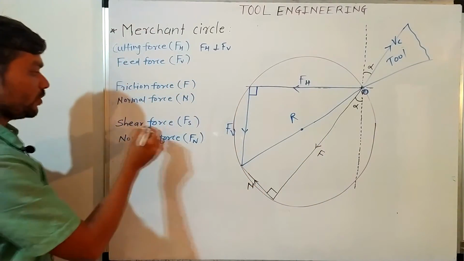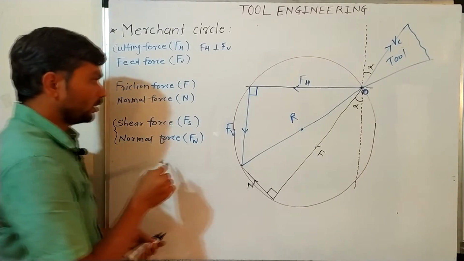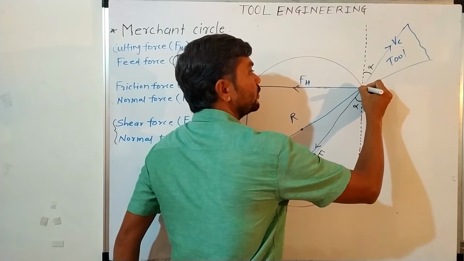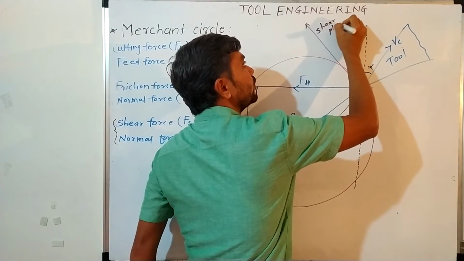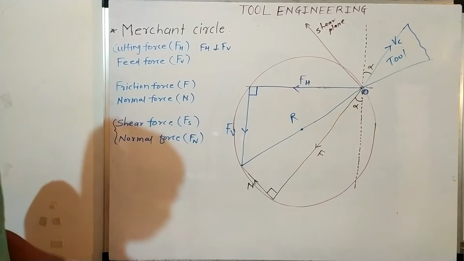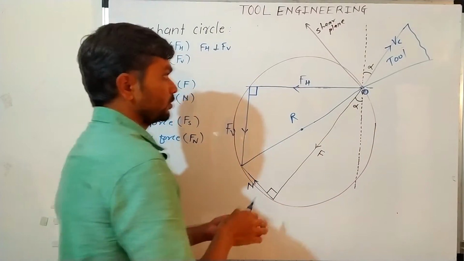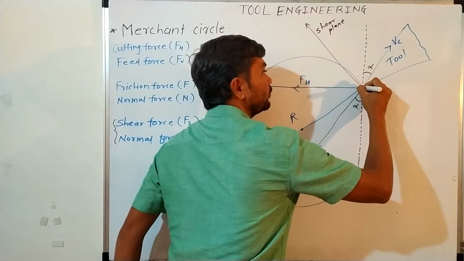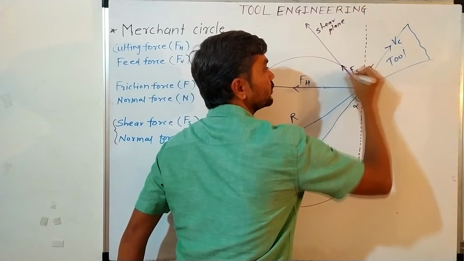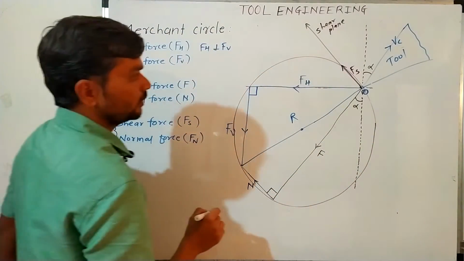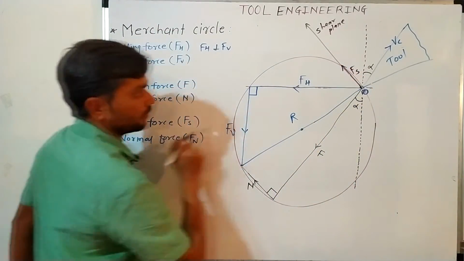Okay, then we will see the third set of force, that is shear force and normal force. Along the shear plane, shear force is acting. This is our shear plane. So we have to draw here the shear force, so this is our shear force Fs, and exactly perpendicular to this shear force we have Fn, that is the normal force.